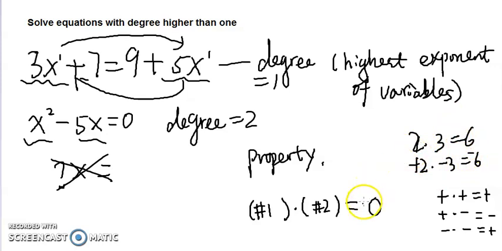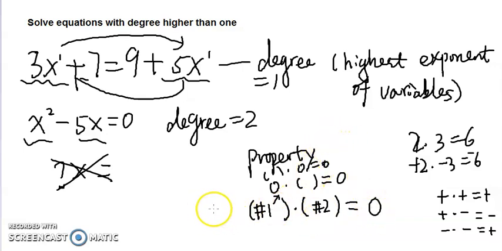So in order to get 0, either number 1 or number 2 has to be 0, because 0 times any number is 0. Possibly number 1 is 0, or possibly number 2 is 0, but one of them has to be 0 in order for the product to be 0.